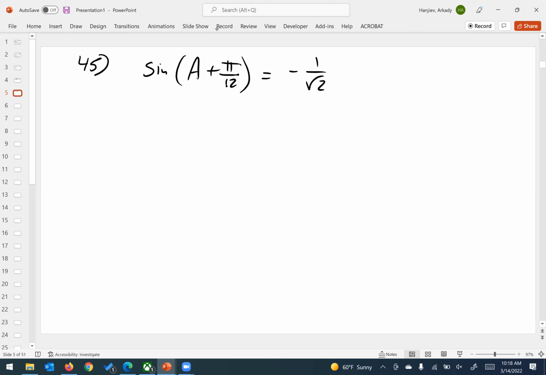Yeah, there's no addition or subtraction to it anymore. So we get 5 pi over 4, and then 7 pi over 4. A little bit of work because of common denominators, that's all.